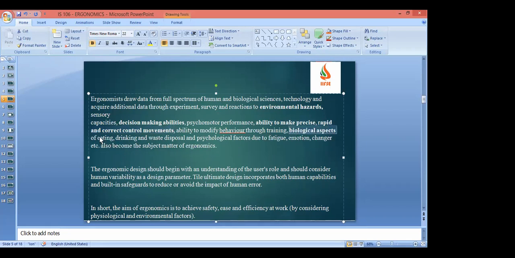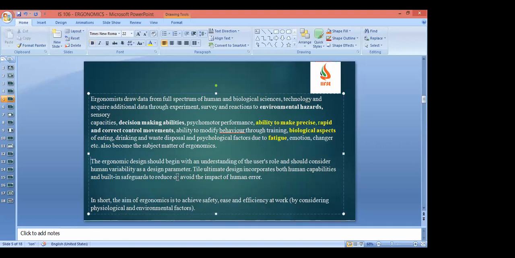They will see the eating, drinking, and waste disposal, psychological fatigue, and emotion, and how much fatigue they will take while operating the equipment. All this they will consider while designing or studying the ergonomics of a specific area or equipment design.